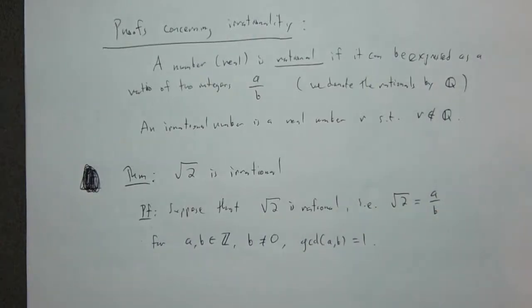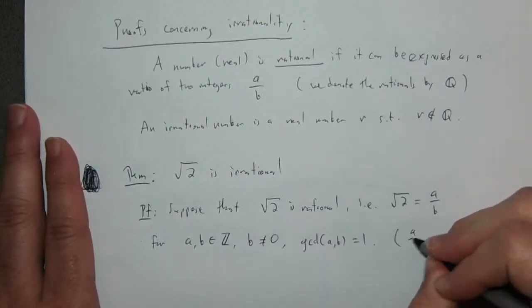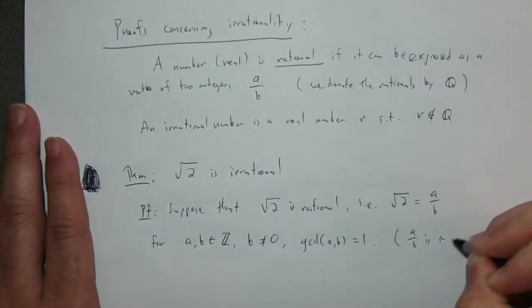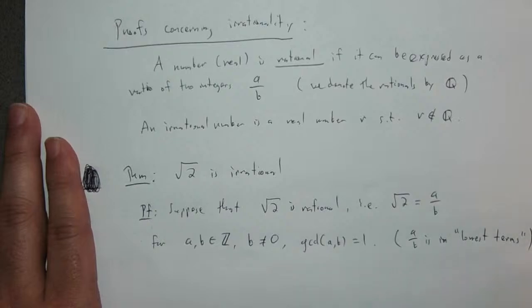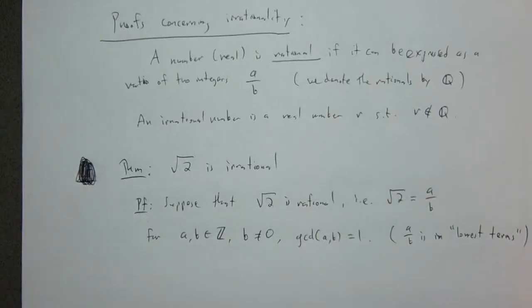So this is a quick way of getting what we want. So a over b is in lowest terms. As I mentioned before, that's one of the first places GCD practically pops up, in talking about fractions in lowest terms.